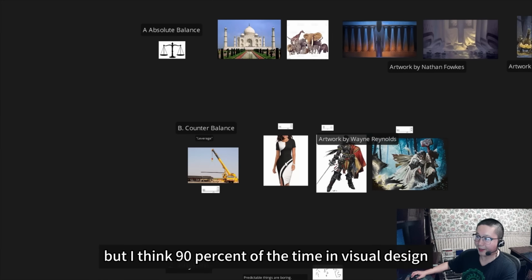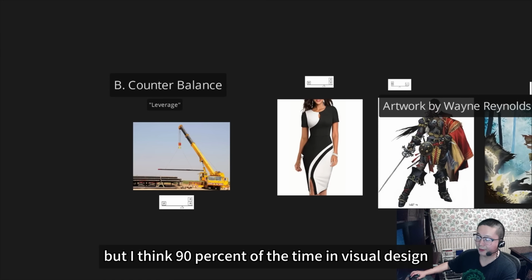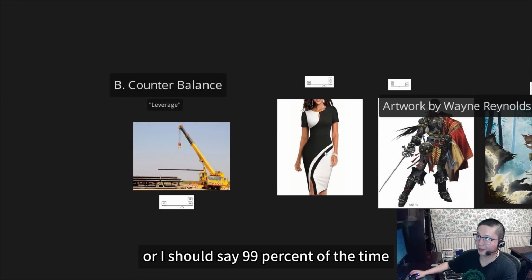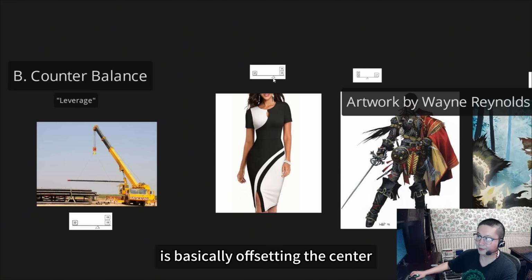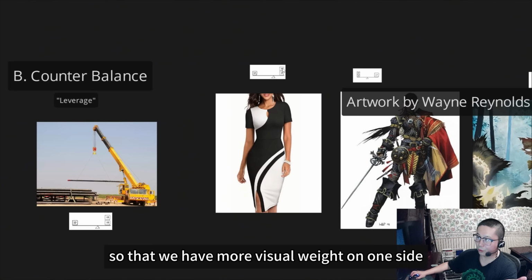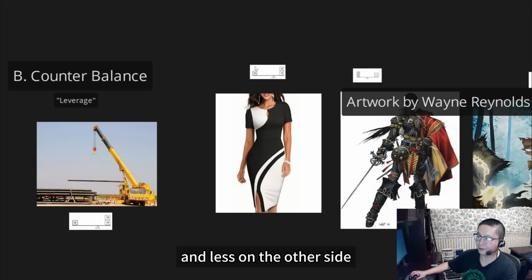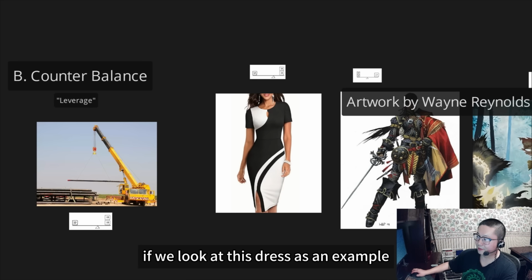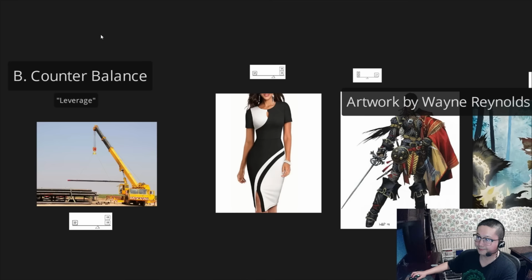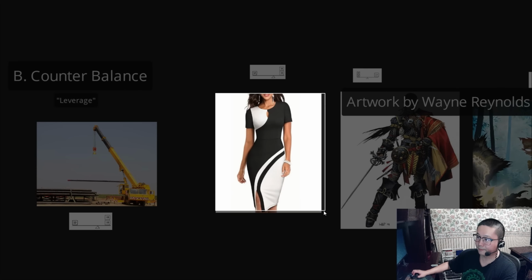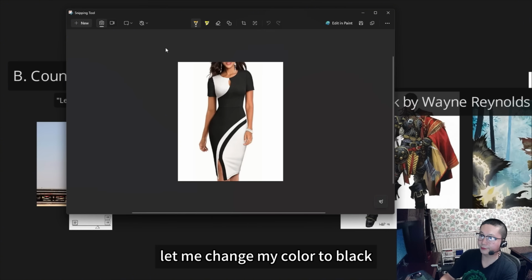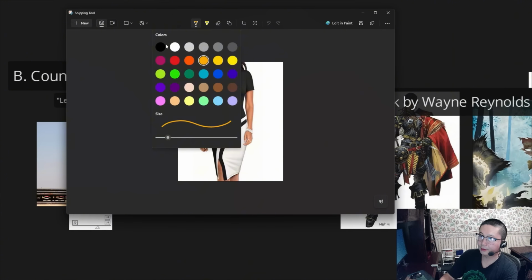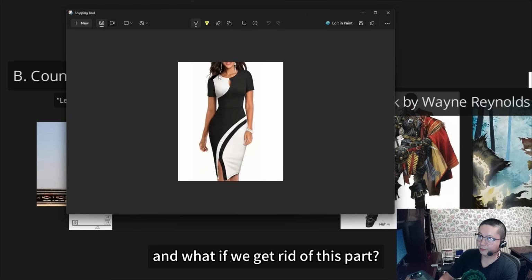But I think 90% of the time in visual design, or I should say 99% of the time, we are doing counterbalance. And what counterbalance is basically offsetting the center so that we have more visual weight on one side and less on the other side. If we look at this dress as an example, let me change my color to black, and what if we get rid of this part?